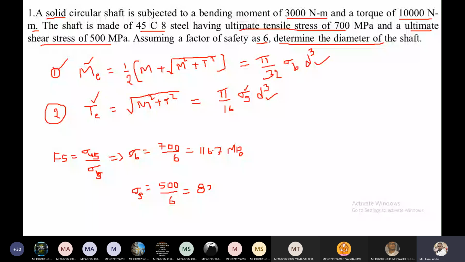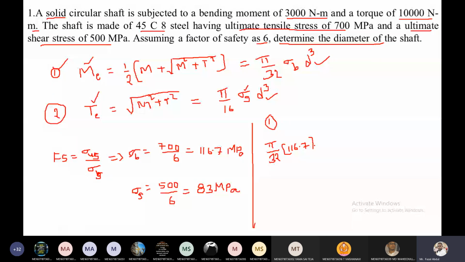So these two values we calculated. Now I am substituting one by one. According to the first theory, pi by 32 into sigma b as 116.7, into d cube, that is the d value only we need to calculate, equals 1 by 2 into bending moment.